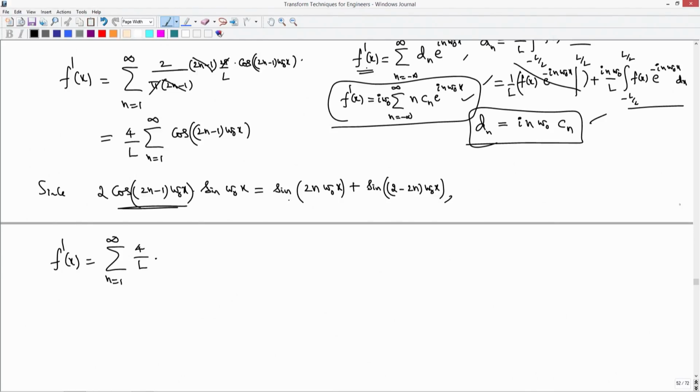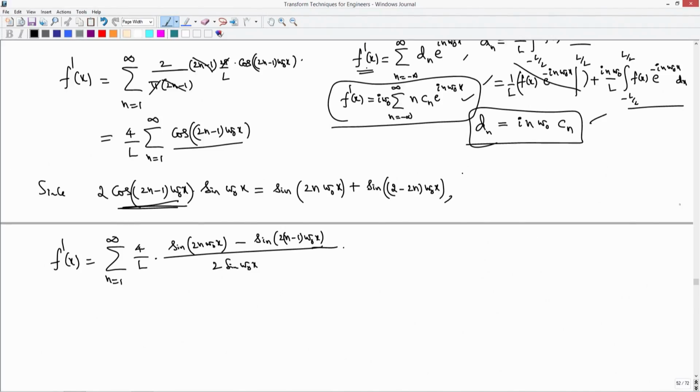So this right hand side divided by 2 sin omega naught x, and this will be sin 2n omega naught x, and this I will take minus sin (2n minus 1) omega naught x. So I replaced the cos function by using this identity.